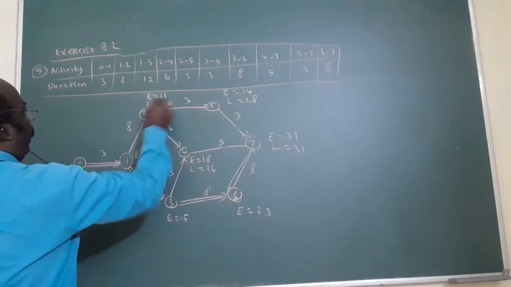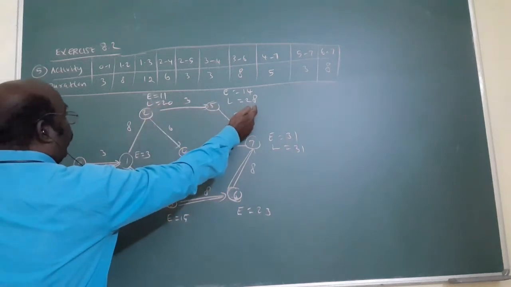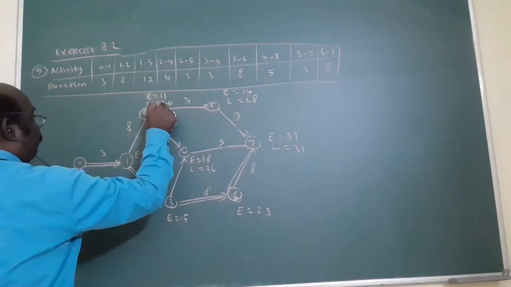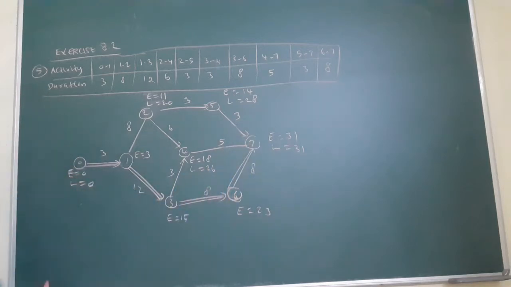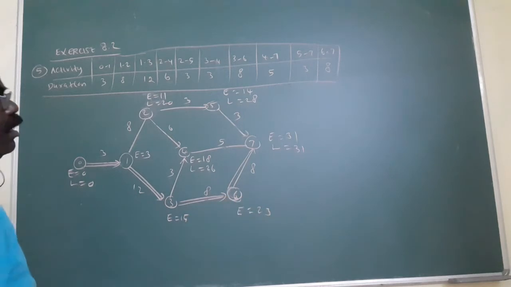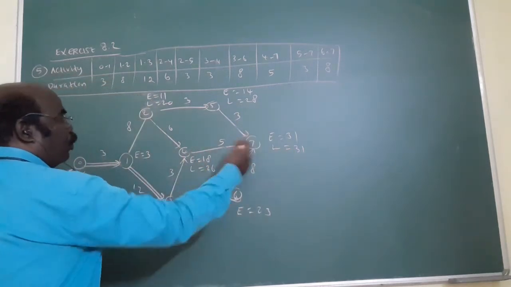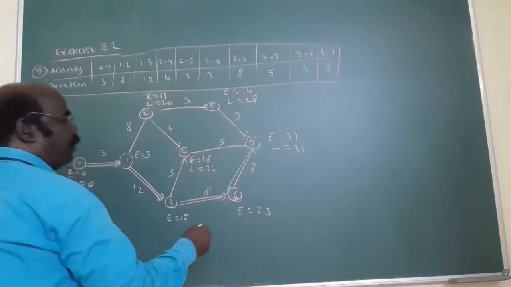L is 20. From the other route we get 28 minus 3, only 25. But in the reverse process you always write the minimum number. For E, from left to right, you consider the bigger number. But L is the reverse process, so out of the two ways, you write the least number.